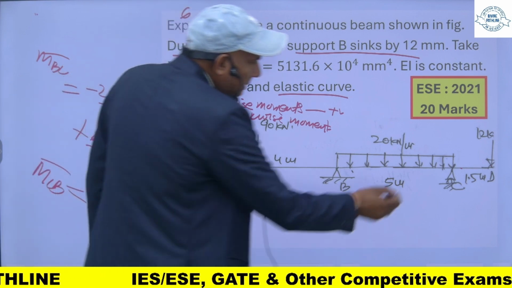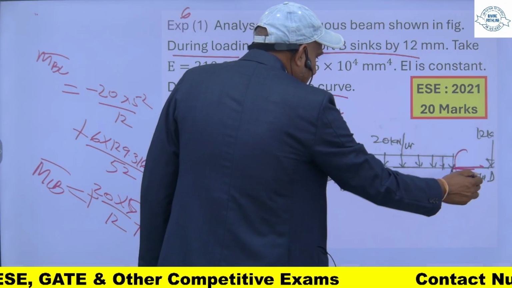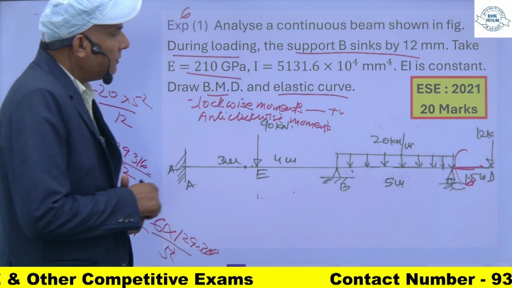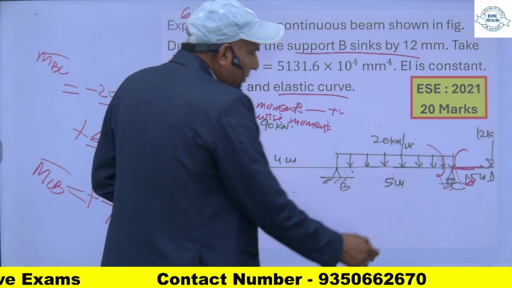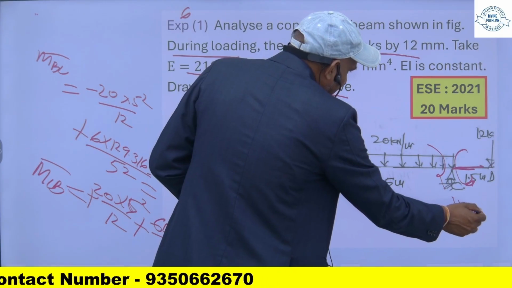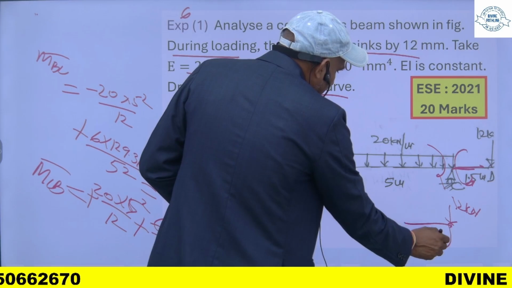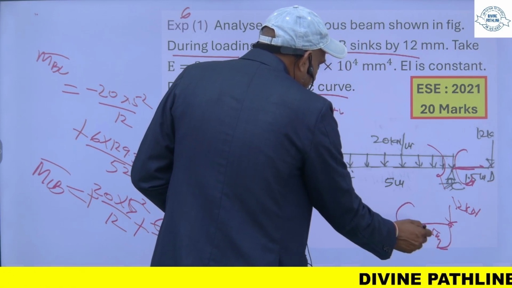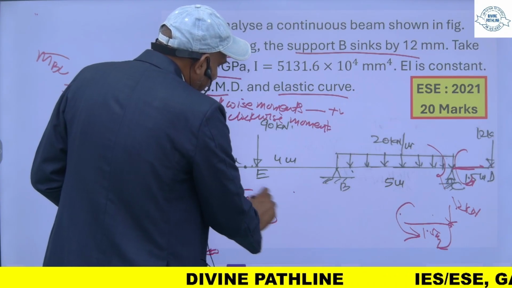For this portion, the moment will be like this. This is 12 kilonewton and 1.5 meter, so this will create a moment in this way. To counteract, this will be MCD, the fixed end moment for CD.